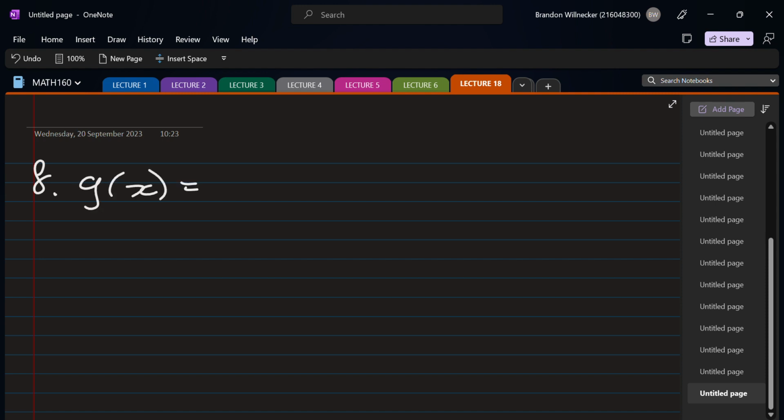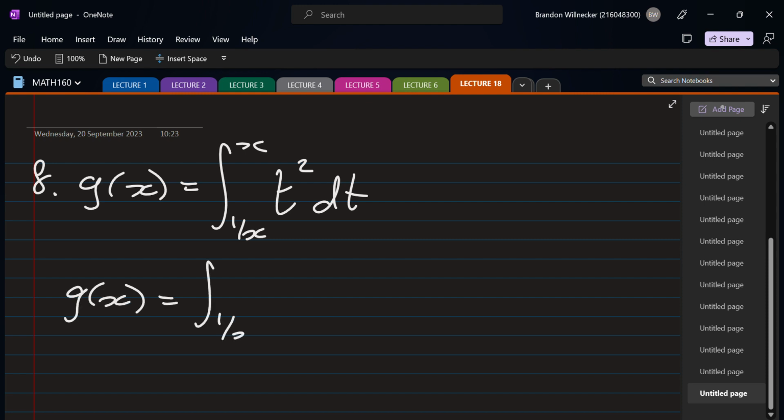Okay, 8, that is the integral from 1 over x to x, t squared dt. Again, we've got an x term at the bottom, and at the top, we need to split it up. So g of x, that's the integral from 1 over x to 0. Quick check, if we put in 0, do we have any problems?